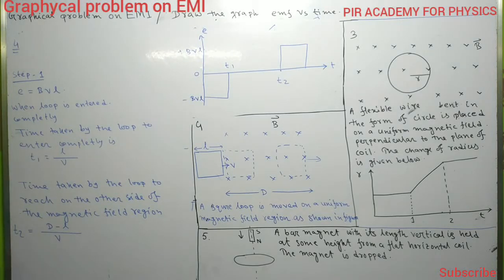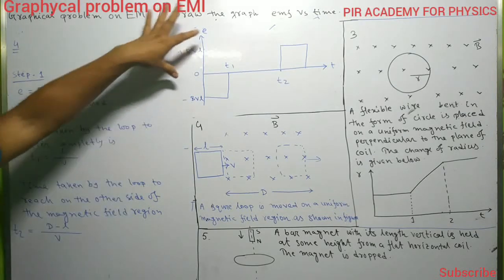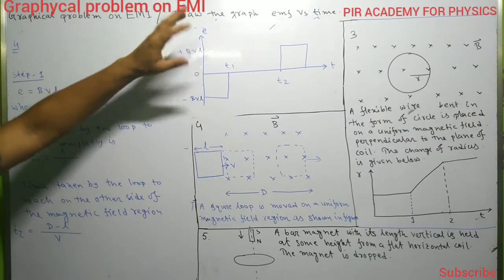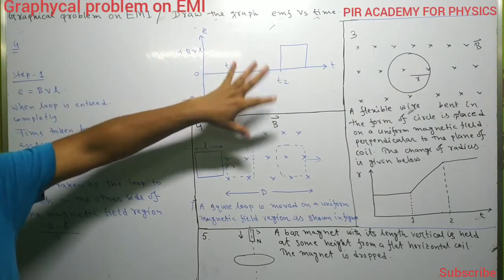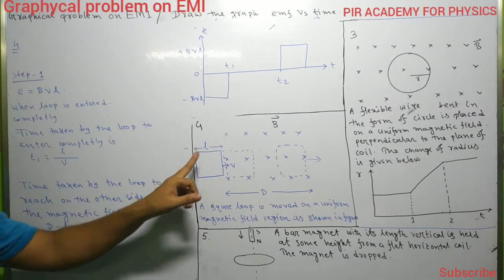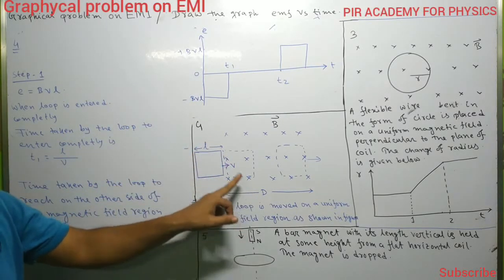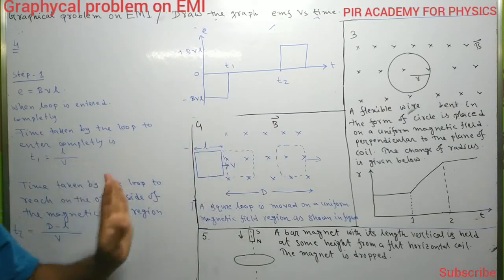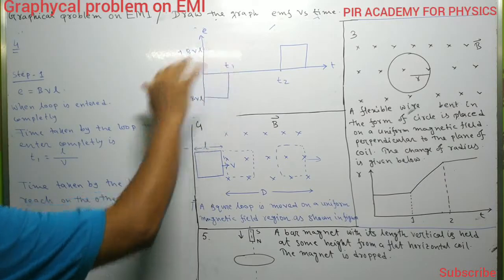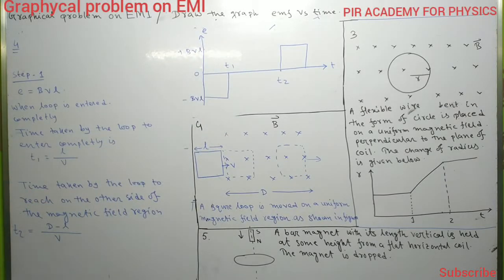This is the graph of electromotive force versus time for this situation. If the values of L, D, V and B are given, then you can easily draw this electromotive force versus time graph.